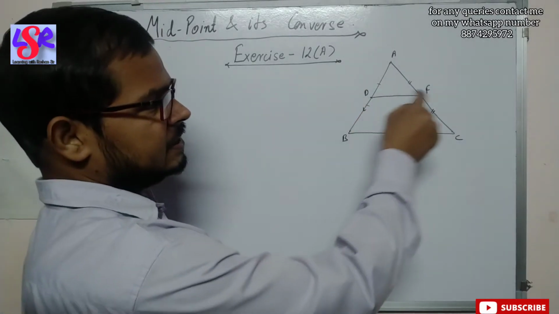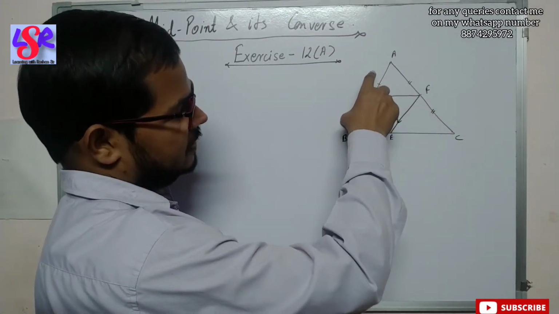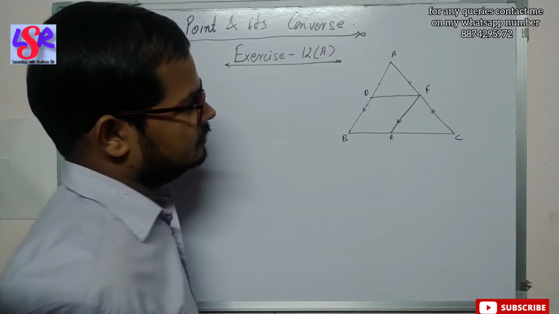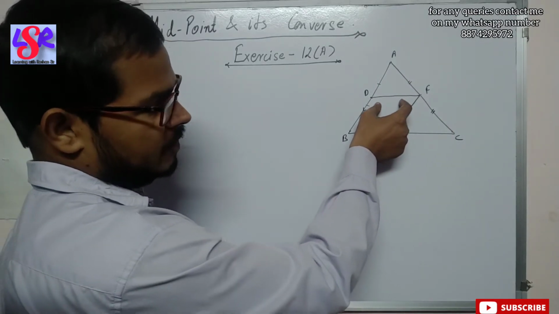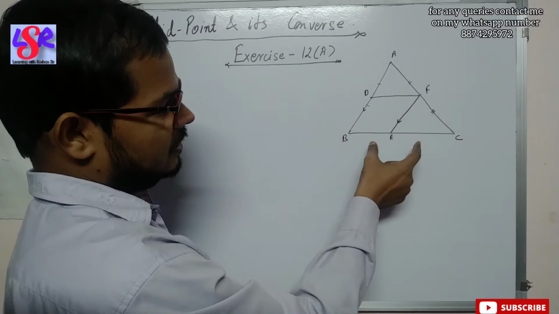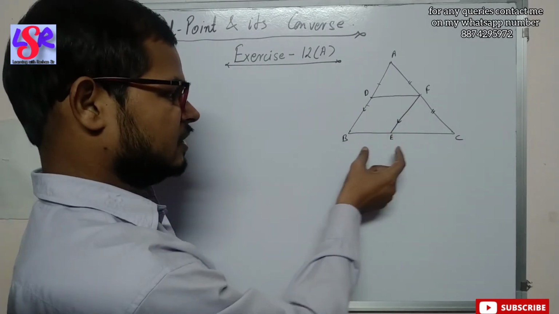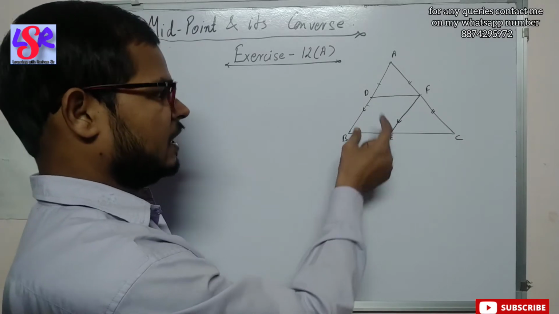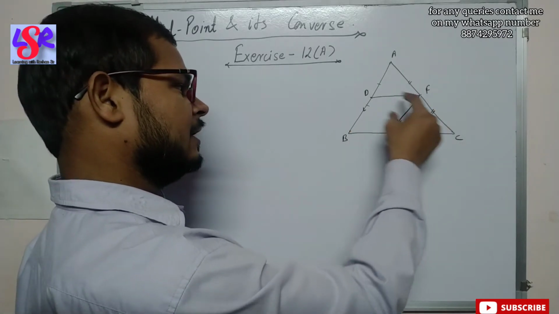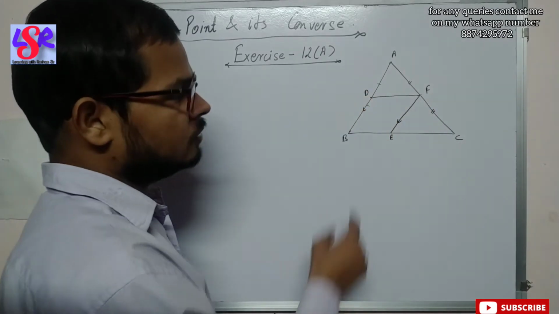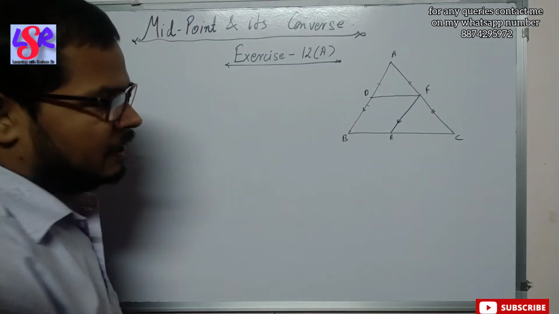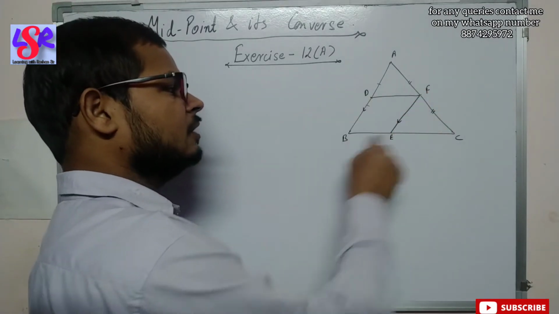As D and F are the midpoints of AB and AC, we can apply midpoint theorem to get DF parallel to BC. Now DF is parallel to BC, therefore it will be parallel to BE also, and we have FE parallel to DB. So as both pairs of opposite sides are parallel, this will become a parallelogram.